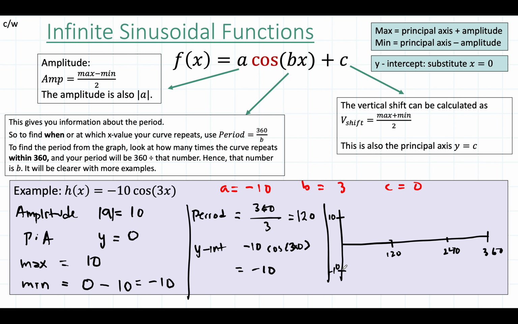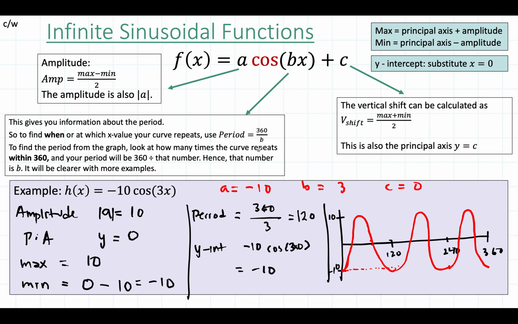So it's going to curve up to a maximum. It's going to come down, and I need to go back to this beginning exactly at 120. So I'm just going to be here. And again, goes up, comes back down exactly at this, up, and then down. So within the 360, it repeats 3 times.